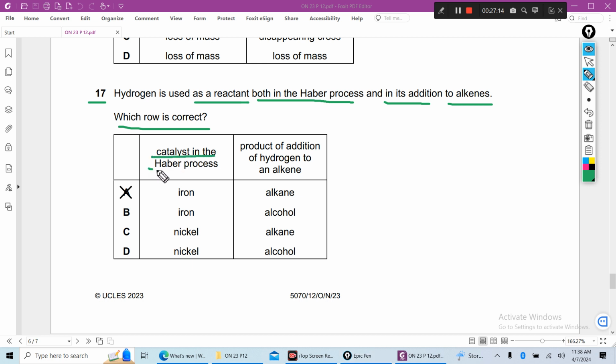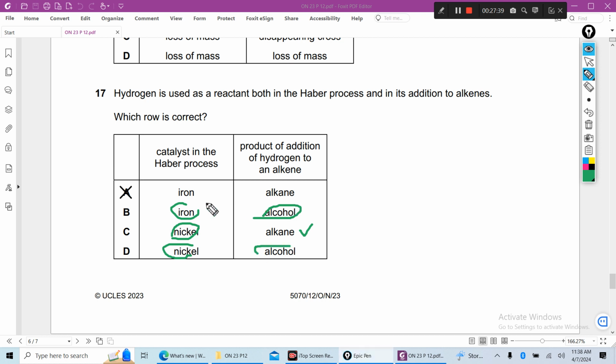The catalyst in the Haber process, you know, is iron. In the addition of hydrogen to alkene, alkene reacts with hydrogen to produce alkane. So A is the right answer. B, iron is correct, but alcohol is wrong. This is not a nickel catalyst; alkane is correct, not alcohol. So the only correct answer is A.